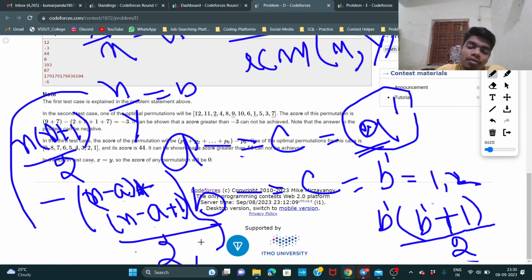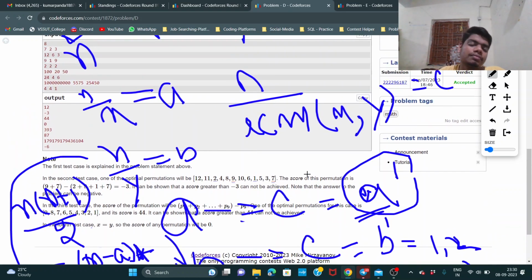You find this value, you find this value. Now subtract this value with this value. So I think this is the solution.